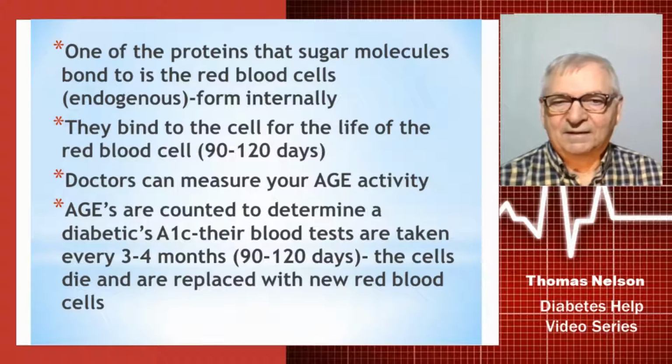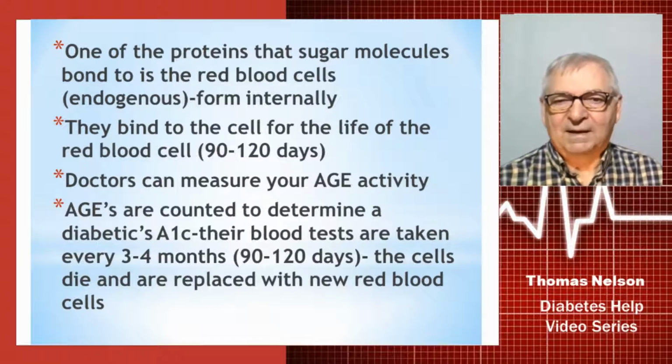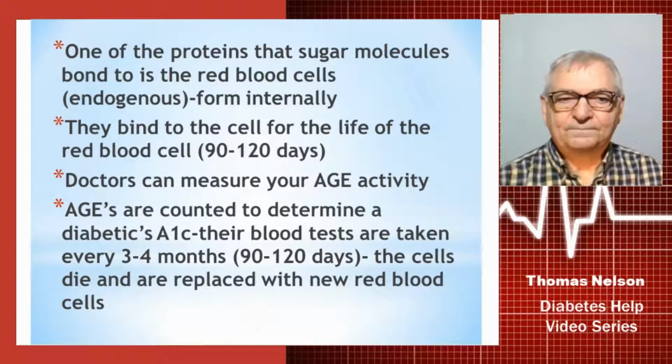And when it does, it'll get rid of those endogenous AGEs that were produced, and they will be replaced with new red blood cells. But that is the only example of any of the proteins that are attached by glucose of actually even being replaced. The rest of them attach for the life, and they bond in your body, and they stay there for the rest of your life.